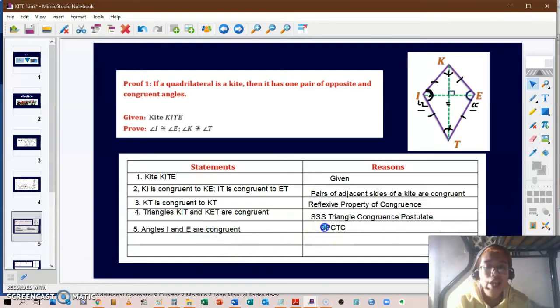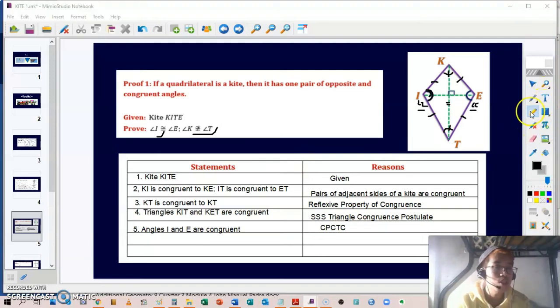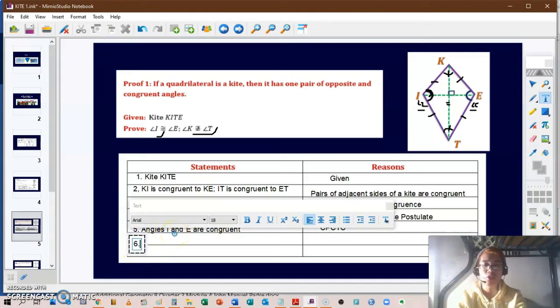Okay, and we've already proven angle I is congruent to angle E, but we need to also prove that angle K is not congruent, is incongruent, to angle T. So how do we do that? Let's try to make an assumption first. Let's assume first that angles K and T are congruent.